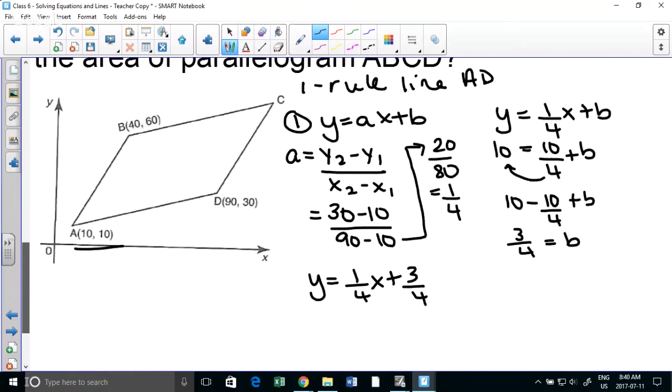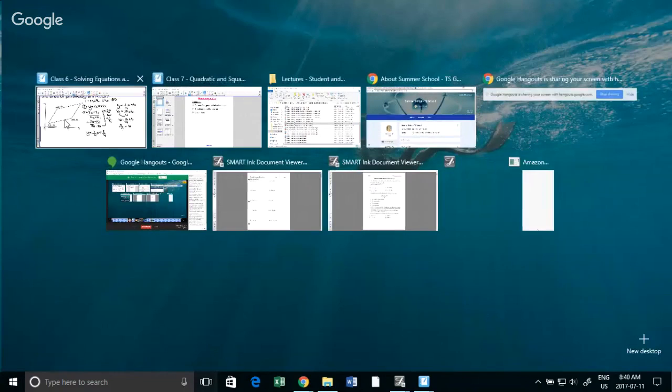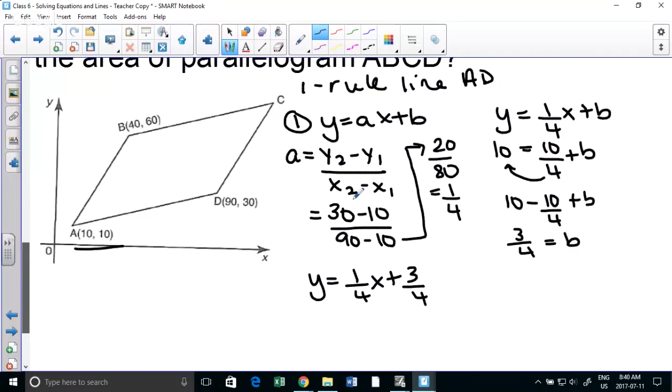No, I made a mistake there. That's not 3 over 4. It's 10 minus 10 over 4. That didn't seem right. Okay, so this is, my apologies, 15 over 2.